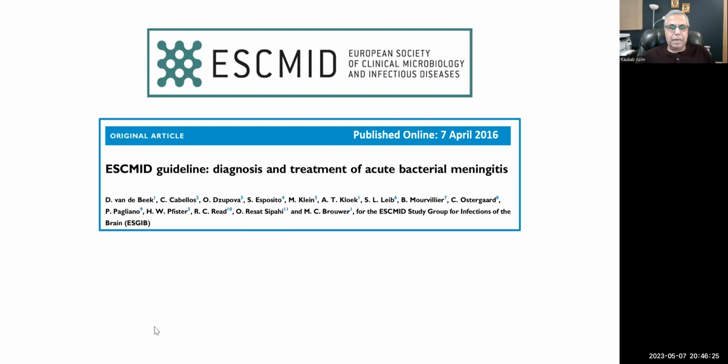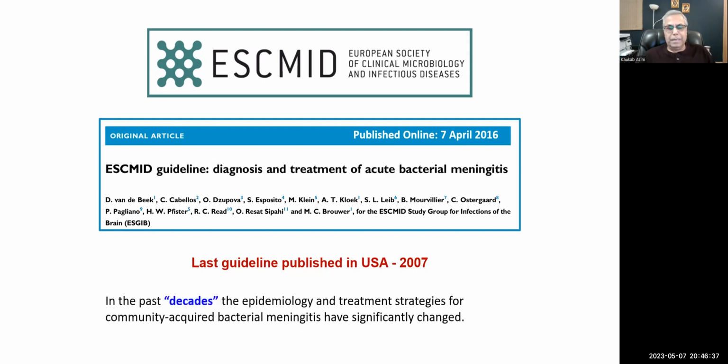These guidelines were published online on 7th of April, 2016. And before that, the last guidelines were published in 2007. And in the past decades, the epidemiology and treatment strategies for community-acquired bacterial meningitis have significantly changed.